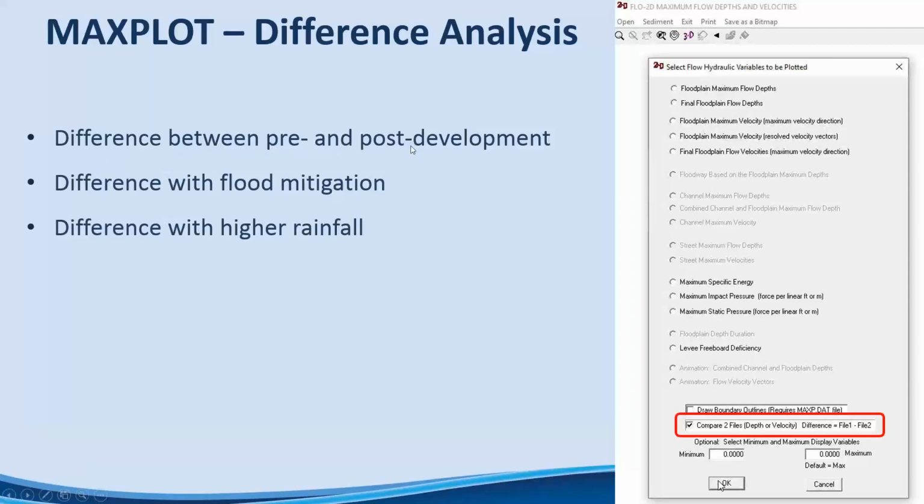Maybe you're putting in a new mall or something. Whether there's a difference with any flood hazard mitigation measures you may have designed. So this would be before and after the flood mitigation was put into the model. Differences maybe with using a different rainfall return period storm or something.